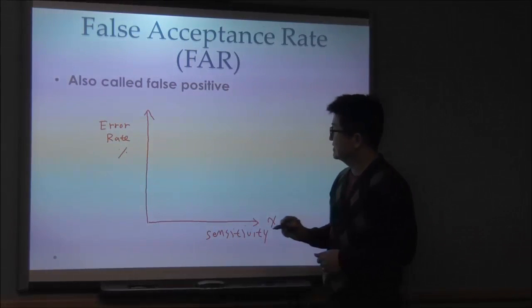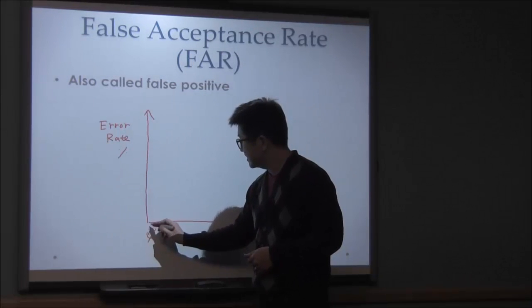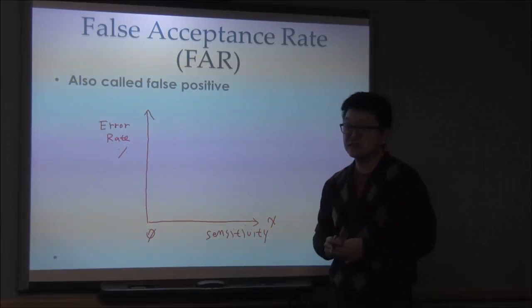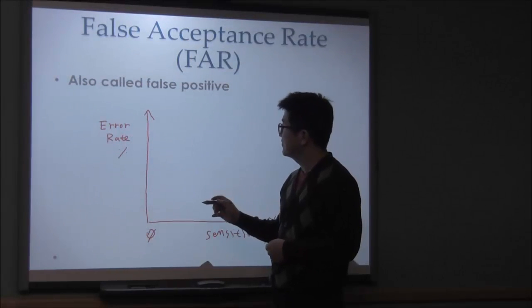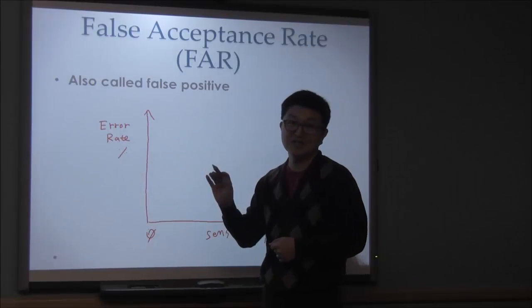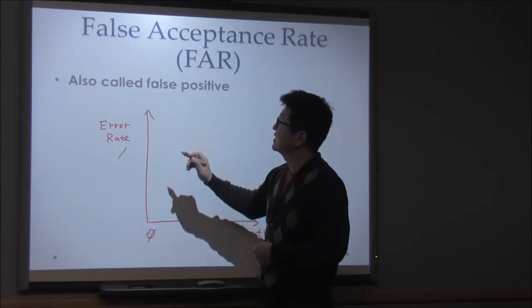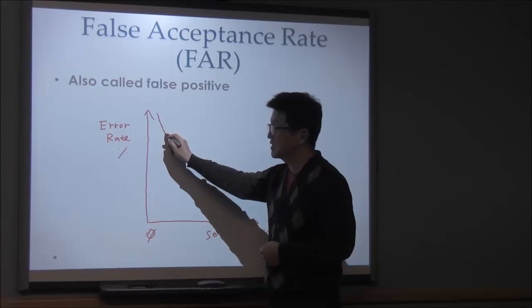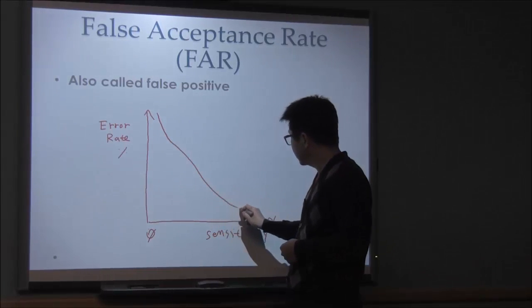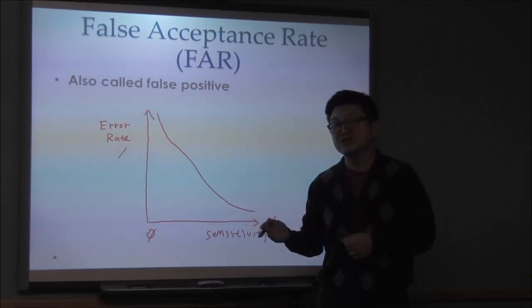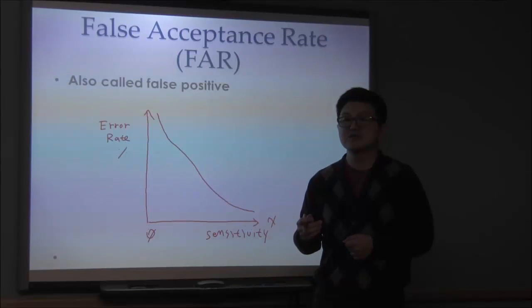Initially, when the sensitivity is very low, of course you have tons of false positives. It's not accurate. But as it becomes more accurate, the error rate goes down, because it's now more sensitive, and therefore you get fewer errors.